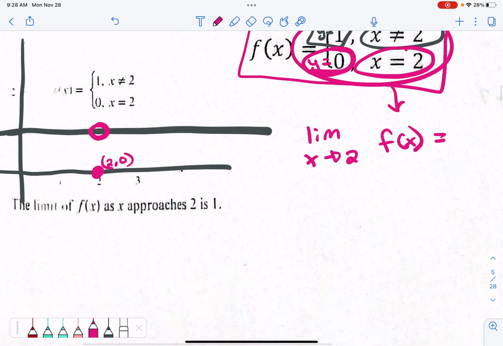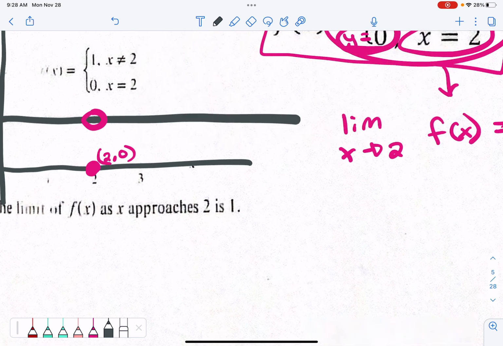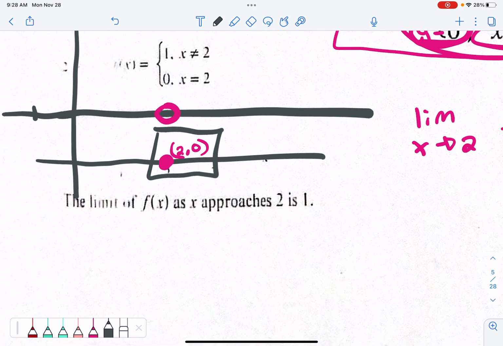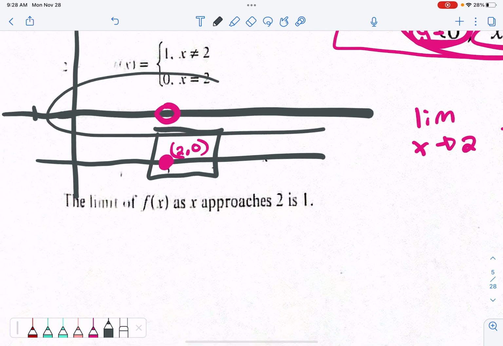Now, here's the tricky part. I know that 2 actually has a value of 0, right? But if that was not there, looking at all of the rest of the behavior on either side of that point, everything else in this graph is leading me to believe that that y-coordinate should be 1, right?